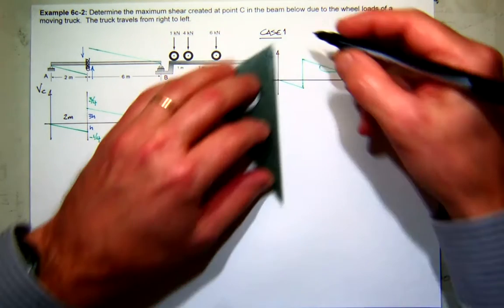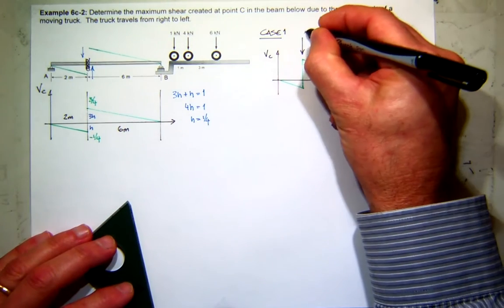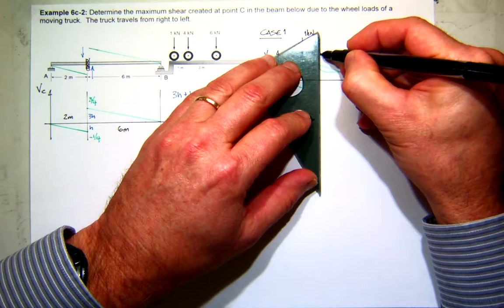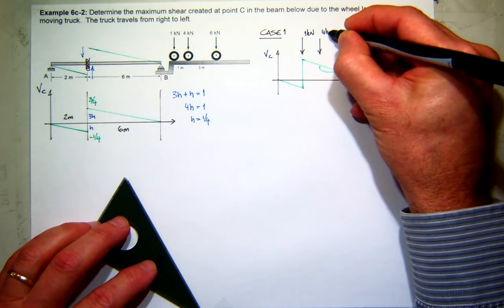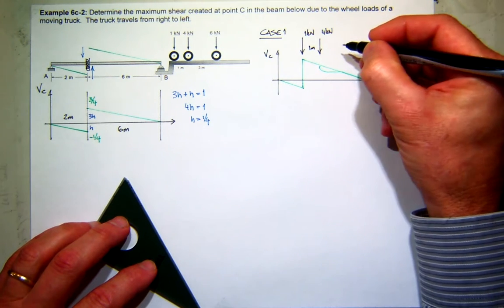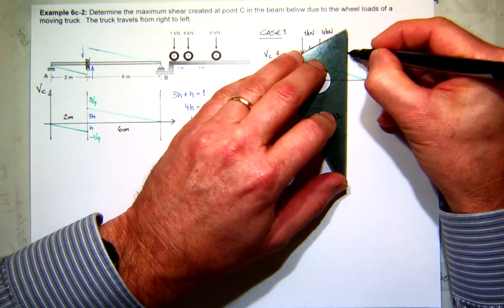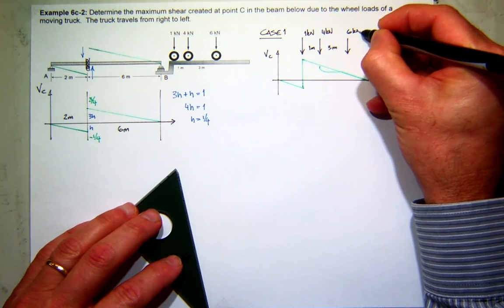So that means I'm going to let that first load stop right there. And then 1 meter back is the 4 kilonewton force. That's at 1 meter. And then 3 meters back from that is the bigger of the set, the 6 kilonewton force.